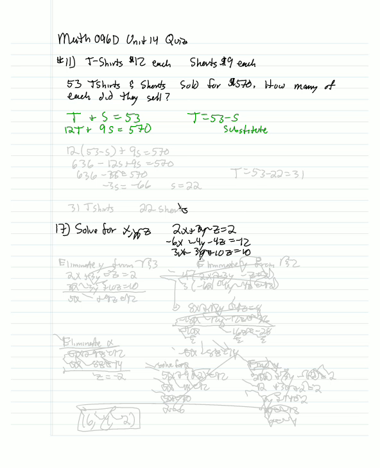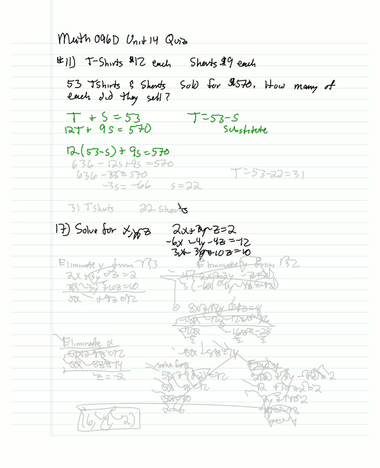So that'd be 12 times T, but T is 53 minus S, plus the 9S equals 570.